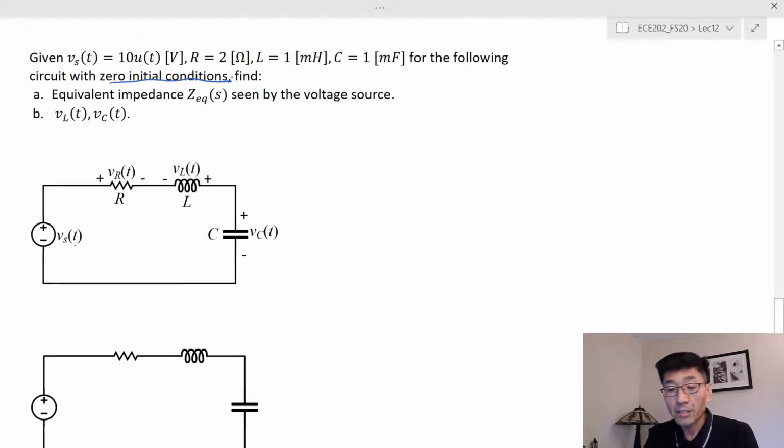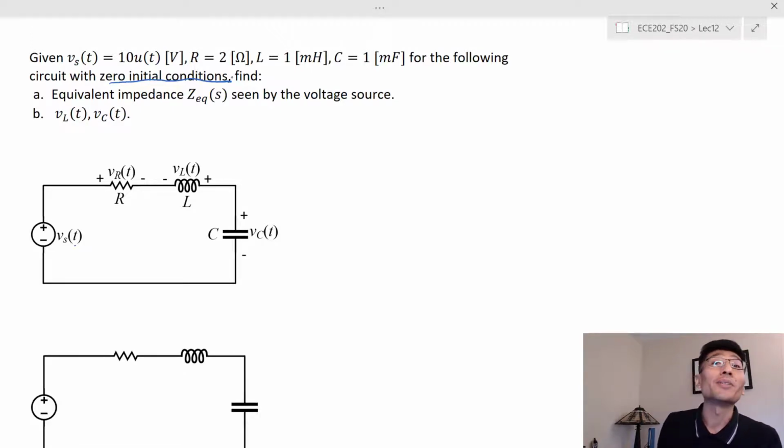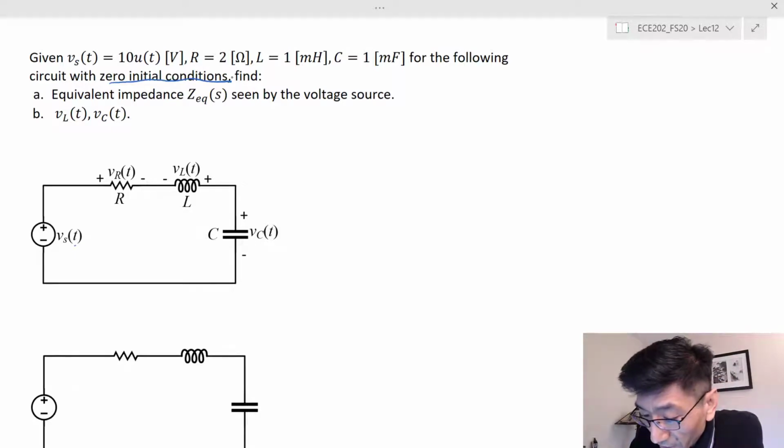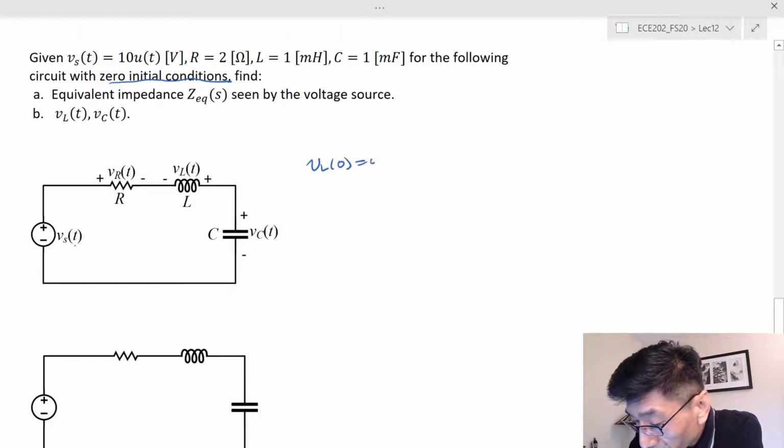When you transform to the S domain, things become simpler, so you don't have to take care of the initial conditions. Initial condition means V sub L(0) is 0 and V sub C(0) is 0.